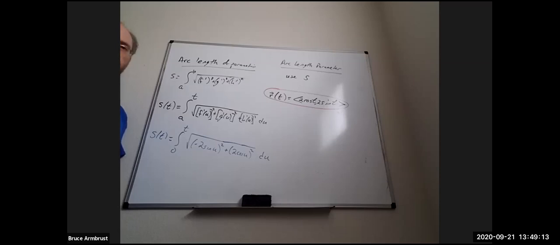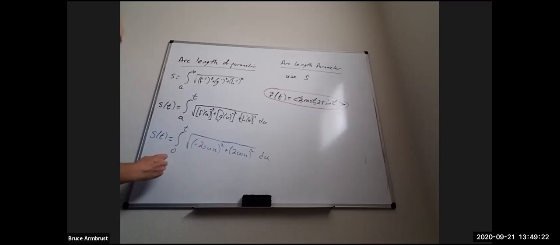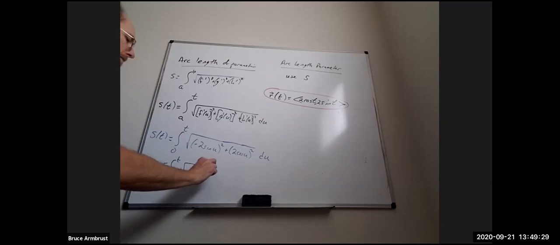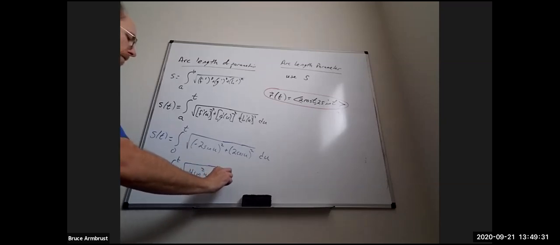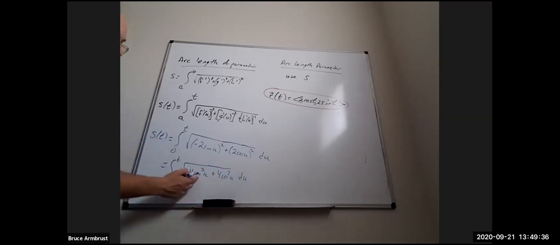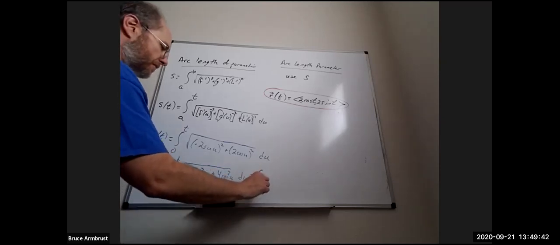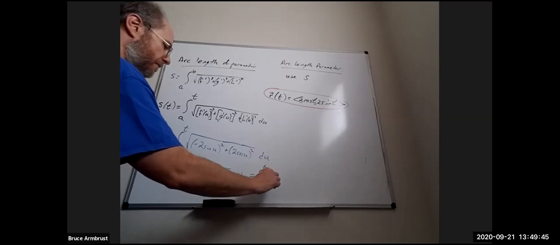So let's see what happens here. When I square, they both turn positive. So we get a positive 4 sine squared u plus 4 cosine squared u. Well, 4 sine squared plus 4 cosine squared is 4. The square root of 4 is 2. So this is the integral of 0 to t of 2.